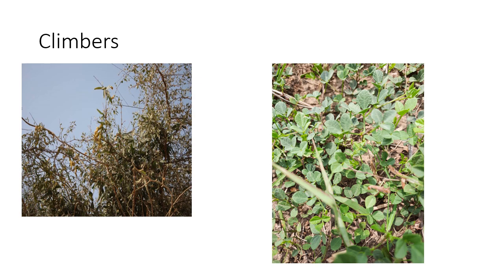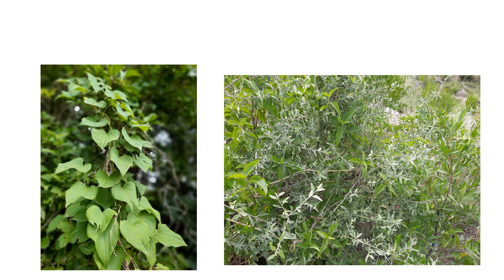Normally, it is climbing on various perennial grasses. And on my left side, that is known as Merva crassifolia. It is mostly attached with the Ziziphus, especially in low-story hilly areas. On my right side, this is Cocculus hirsutus.